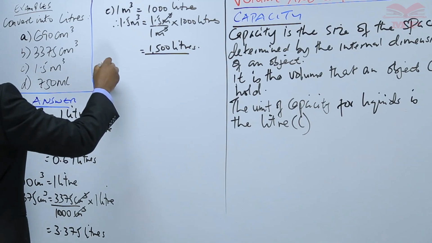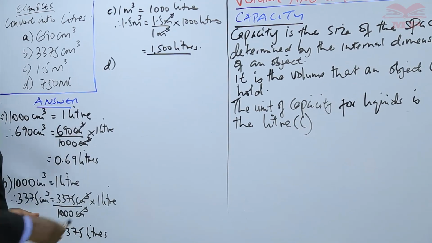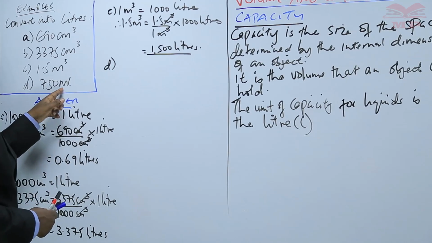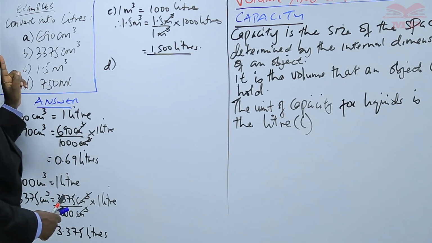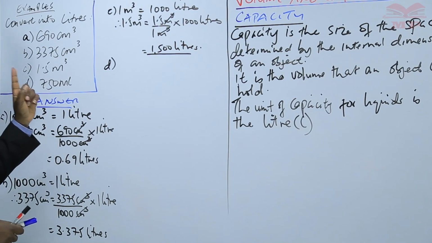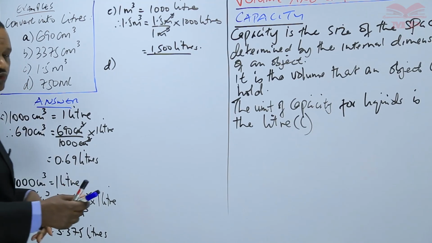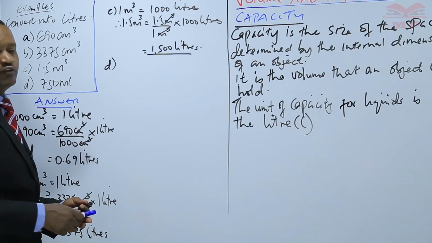Then D, so we want to convert 750 milliliters into liters. Remember we said that 1 milliliter is equal to 1,000th part of a liter.